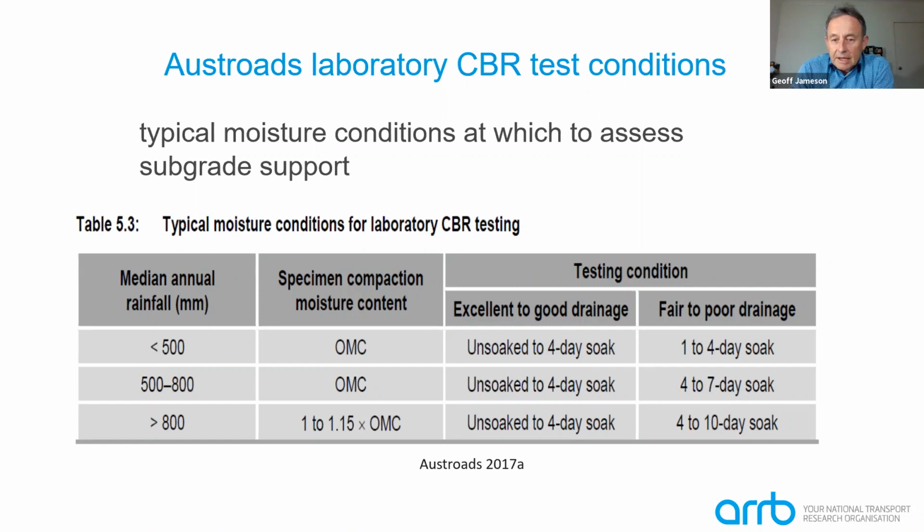Now, commonly 4-day soaked CBR results are used and compacted at OMC. That's the most common method of preparing and testing the specimens. But in some states, like New South Wales, they use a lot of 10-day soaked CBRs. And each state has some slightly different rules for coming up with those test conditions.